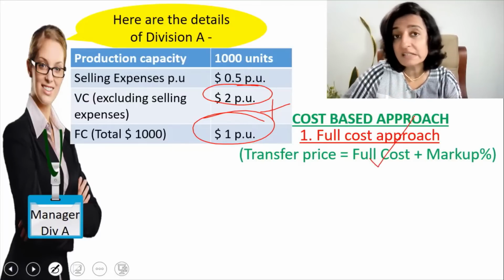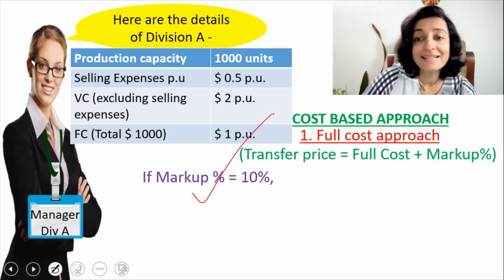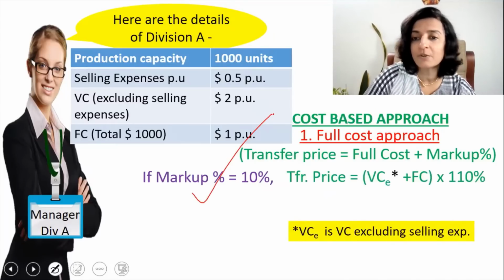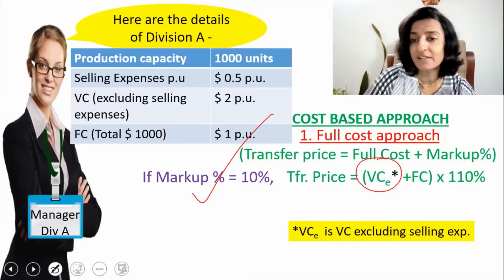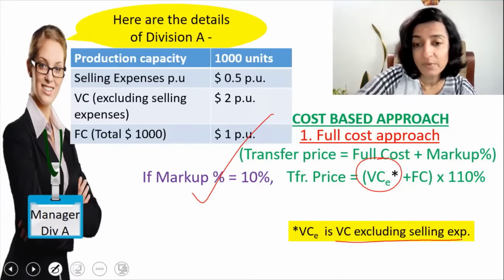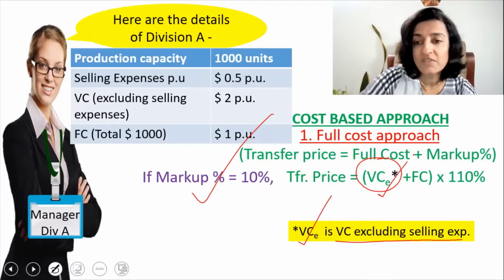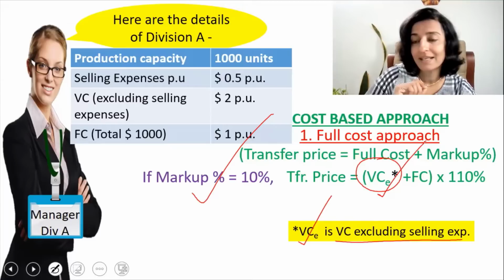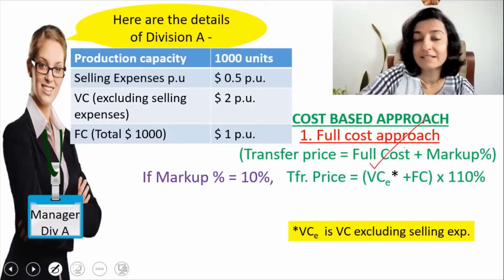Now, the markup percentage will be fixed by the head office, and say the markup is 10%. So what is the transfer price? Transfer price is variable cost excluding the selling expenses. I have indicated variable cost excluding the selling expenses with VCE, E standing for excluding. Okay. So it is variable cost excluding the selling expenses plus the fixed cost. We know that variable cost excluding selling expenses is $2 and fixed cost per unit is $1.